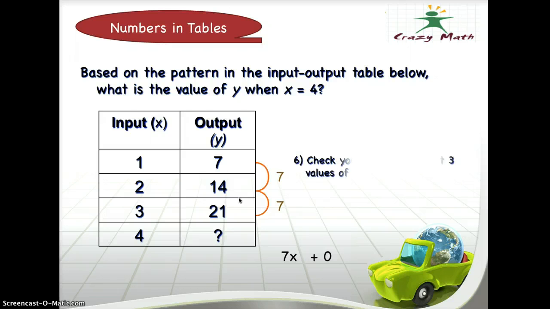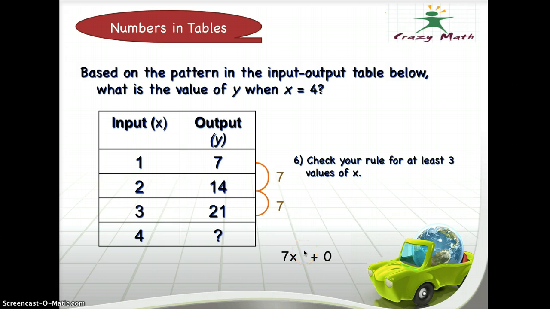Now let's move on to number 5. Check your rule for at least 3 values of x. We already did that. We checked for 1, 2, and 3 and it works every time. So this is our last step, and we are just going to continue in simplifying our rule.